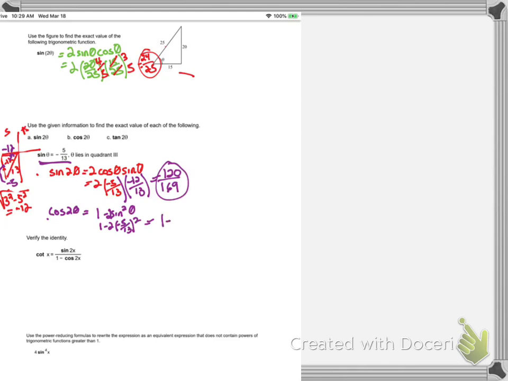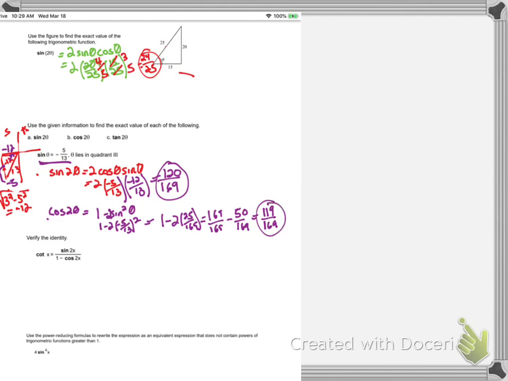That gives me 1 minus 2 times 25 over 169, which gives me 169 over 169 minus 50 over 169, which gives me 119 over 169.